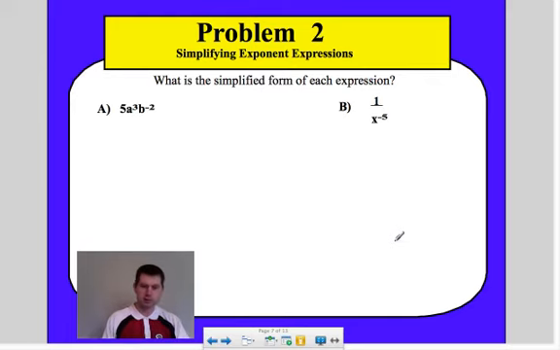So this seems fairly simple, but a lot of students are kind of confused on this. Okay, first thing you need to know is that this 5 is being raised to the 1st power, nothing else. Okay, the a is being raised to the 3rd, and the b is being raised to the negative 2nd.